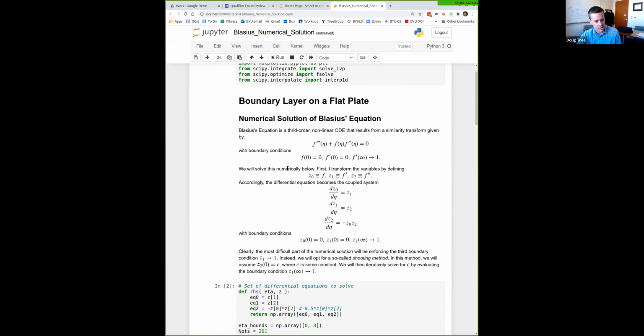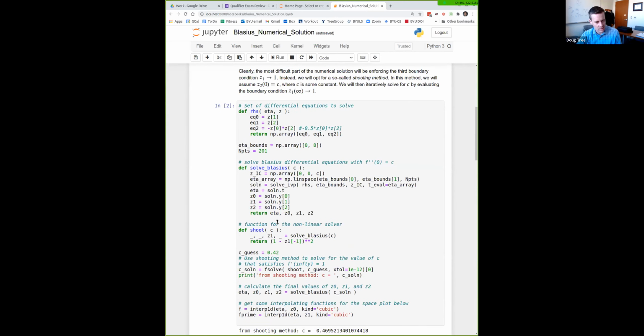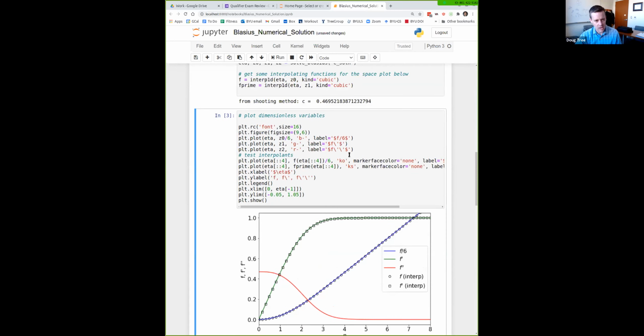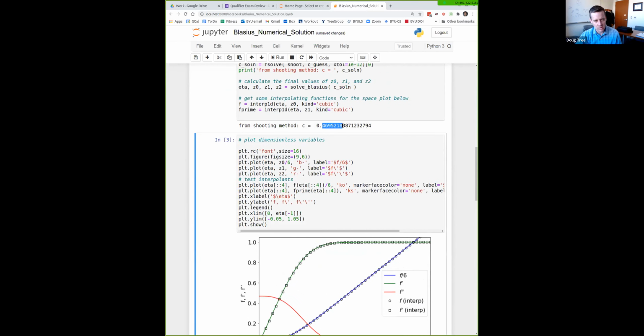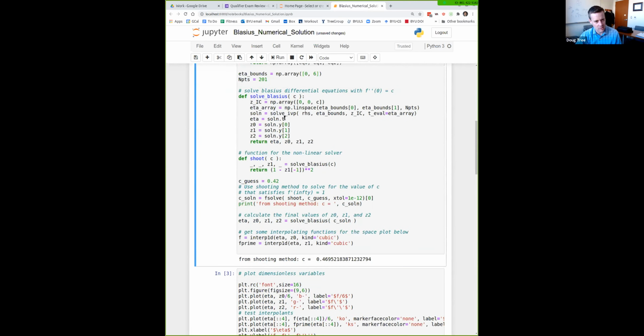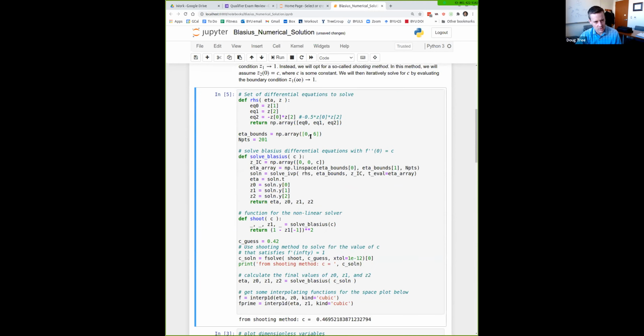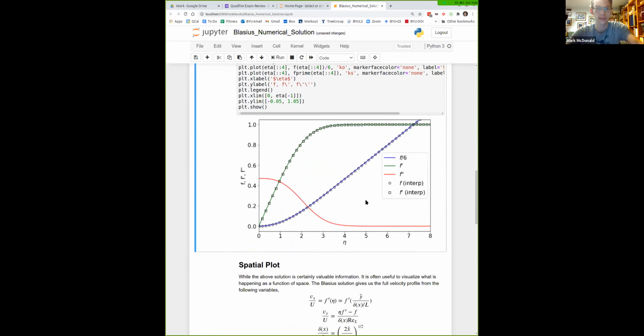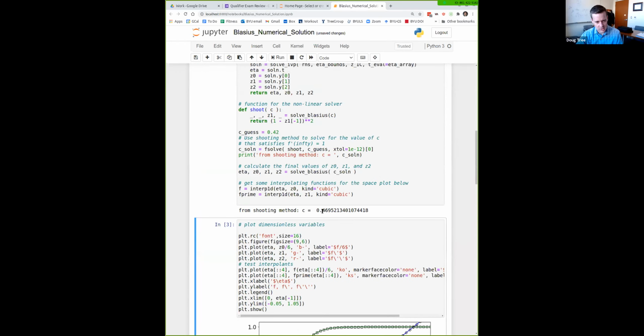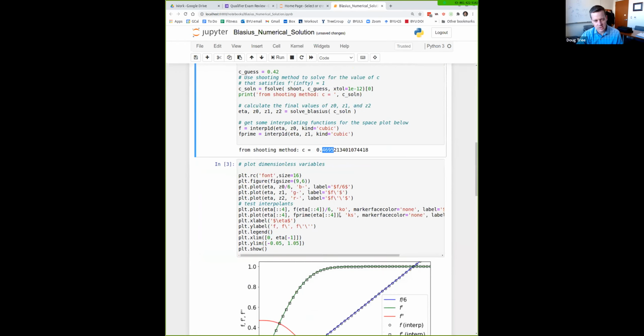So let's suppose I assume eta is 6 instead. When I solve that, that barely changed this. Let's see, 0.4695. I don't remember what exactly it was before to 4 decimal places. Let's try it with 8 and see if it's any different. 0.4695 still. So it really didn't matter, 6, 8.